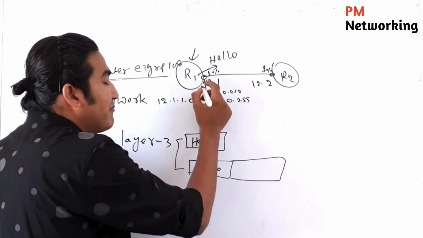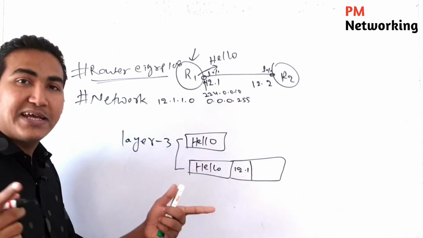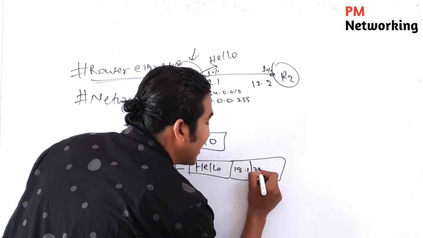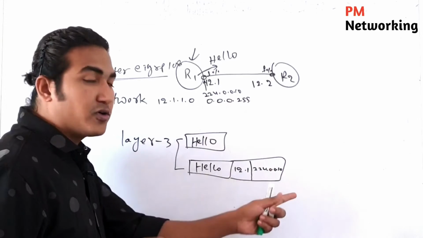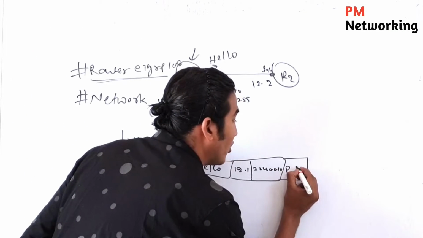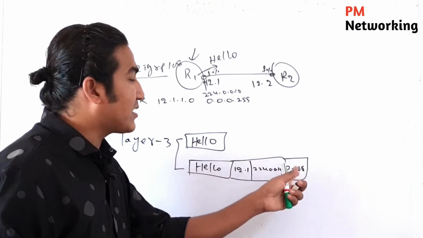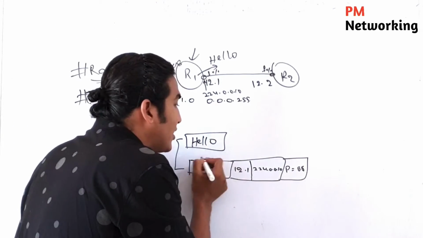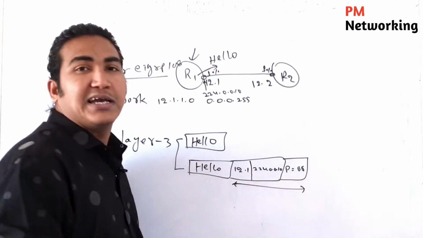In the IP header, there will be information of source IP 12.1, destination IP. What will be the destination IP? Multicast address 224.0.0.10, right? And after that, the protocol field. In the protocol field, the value will be 88. That means the actual data which is encapsulated with the IP header is EIGRP.